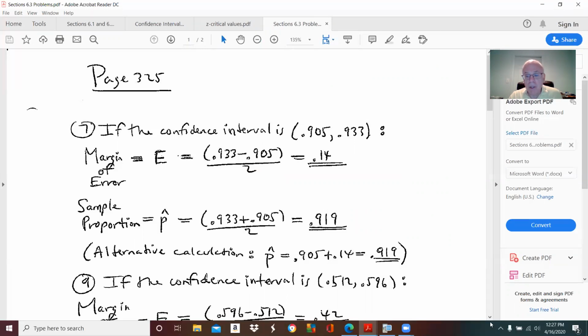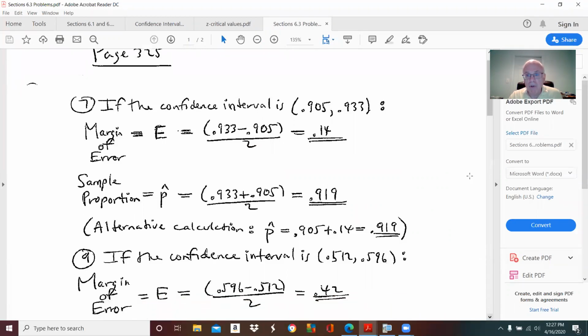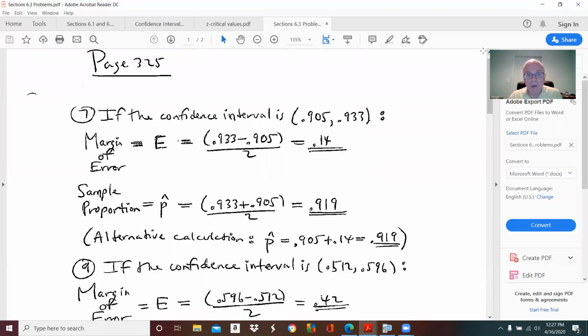Now, one of the things that you have to think about when you construct a confidence interval is that for the left end of the confidence interval, you're taking the point estimate, the sample proportion, and you're subtracting the margin of error, right? So it's p hat minus E, okay? On the right end, you are adding the margin of error to p hat, p hat plus E.